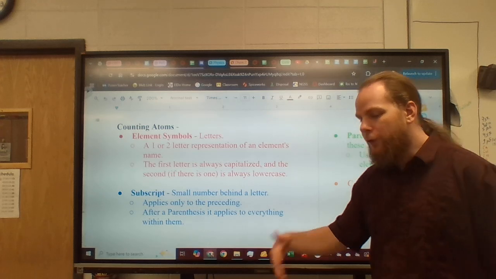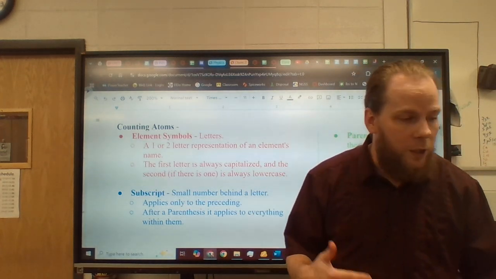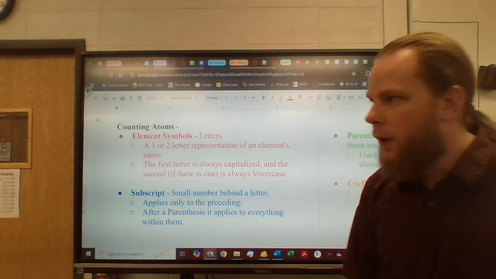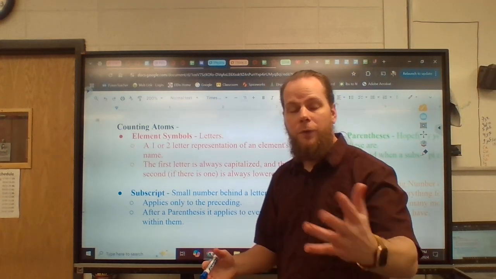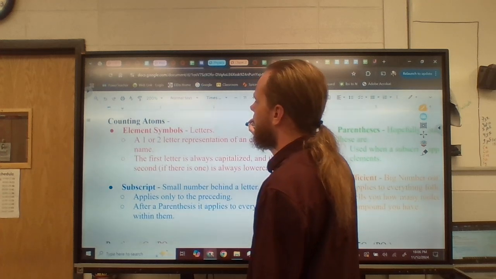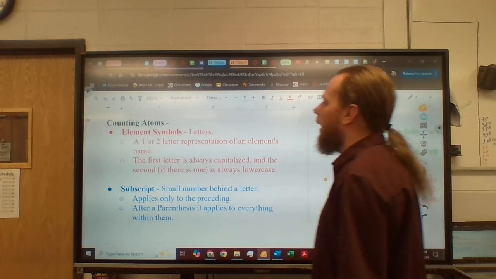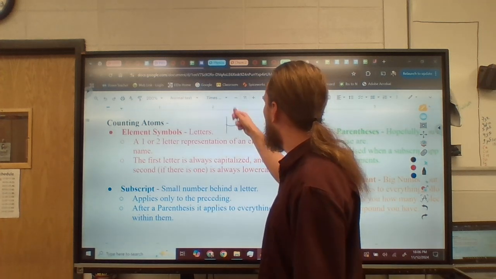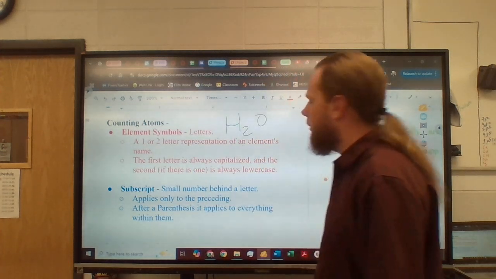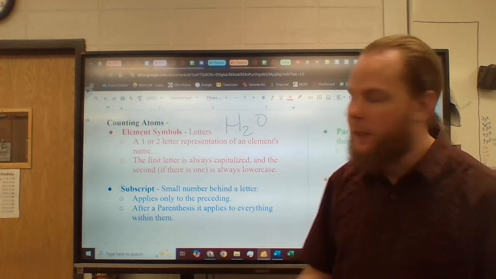So, element symbols in a chemical formula are the letters. In the formula H2O, there are two elements because there are two different capital letters.